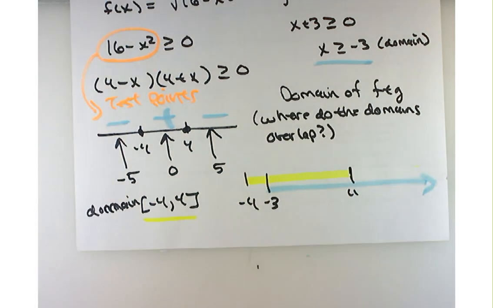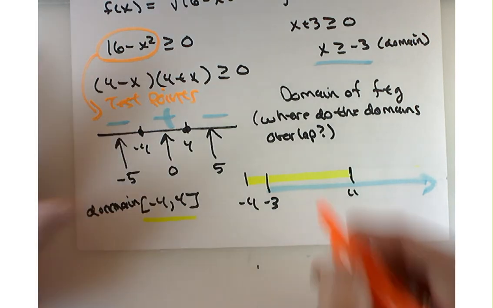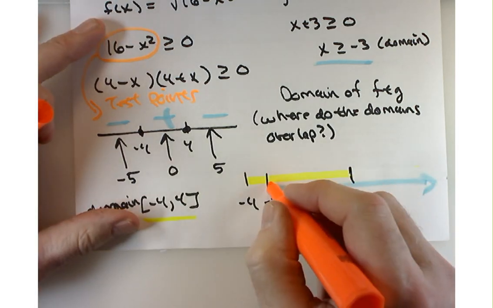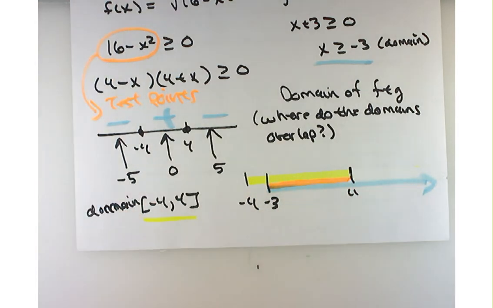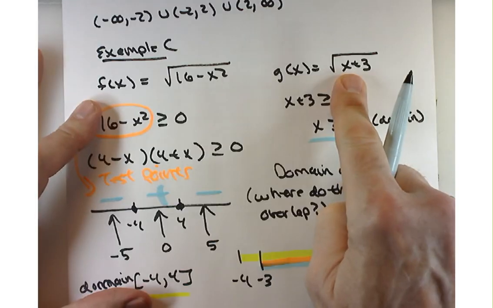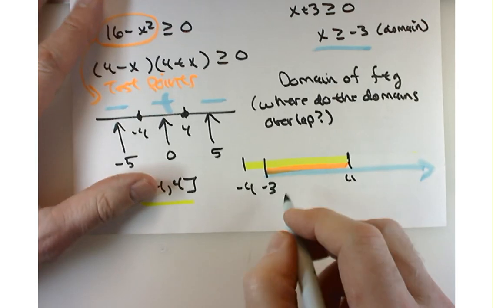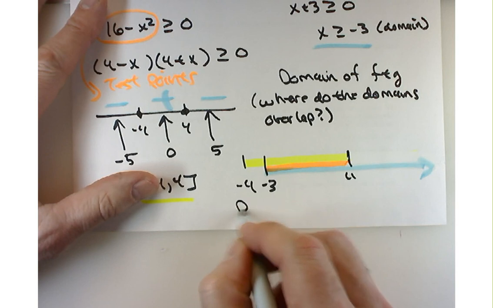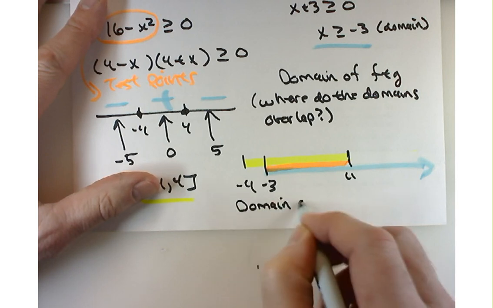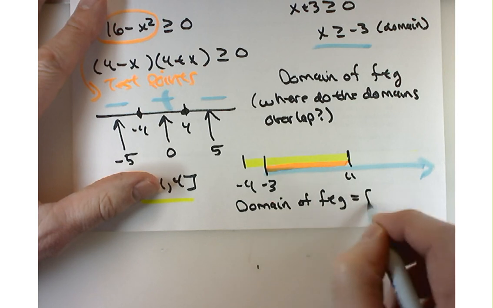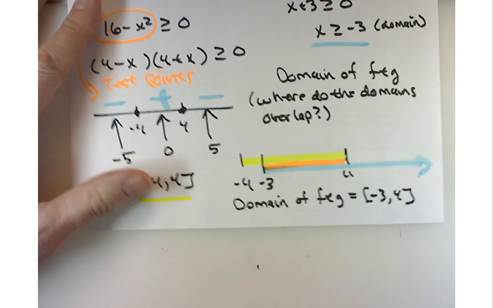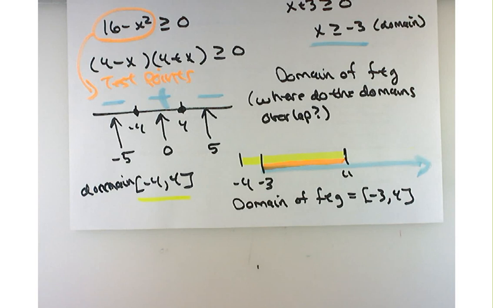The question is, where do these overlap? -3 to 4? Yeah, -3 to 4. That's where they overlap. So put that right in the middle. And I can use both endpoints because at -3, square root of 0 is defined, or at 4, square root of 0 is defined. So your domain of f plus g is -3 to 4. And it's exactly where those things overlap.